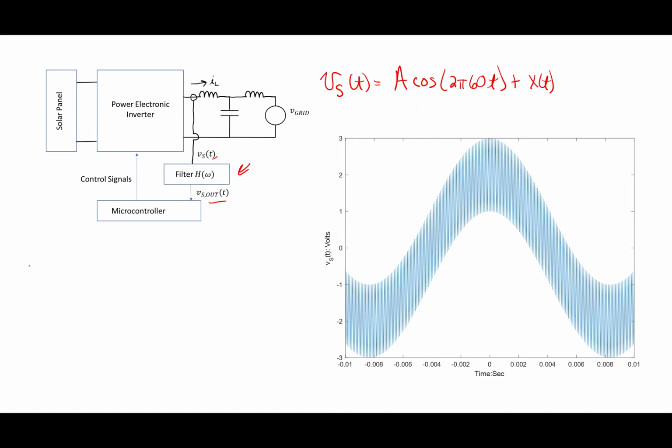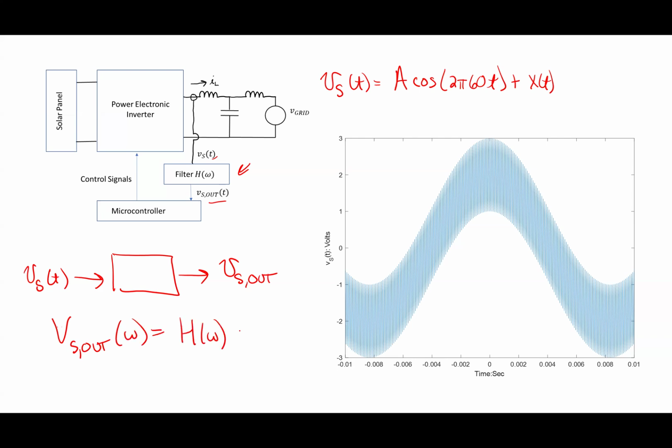So basically I have Vs of t going into this filter, and then the output is Vs out, I call it. So essentially what I'm trying to do again is I want Vs out of omega to be, right? I get that relationship again. And I do it in terms of the magnitudes typically like that.